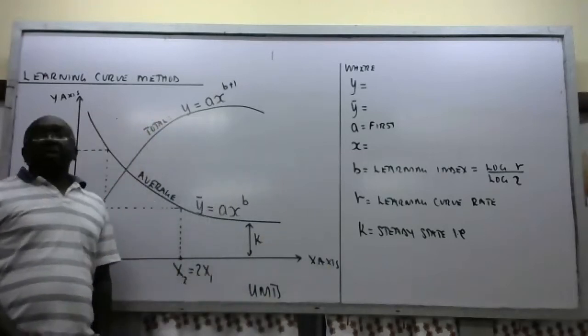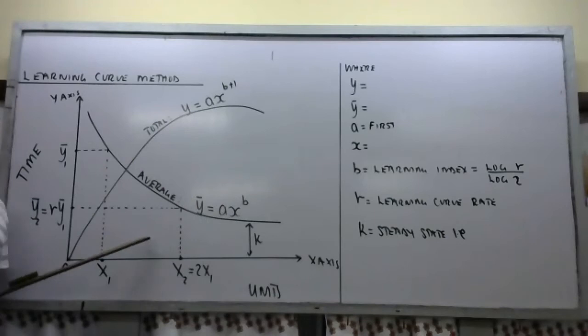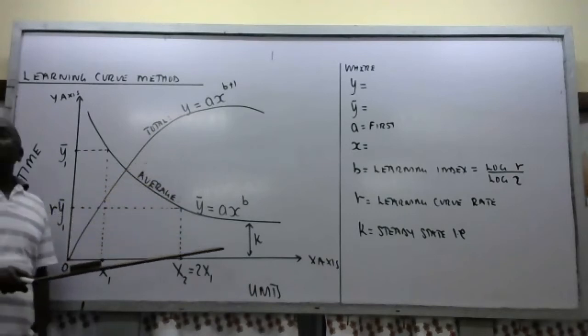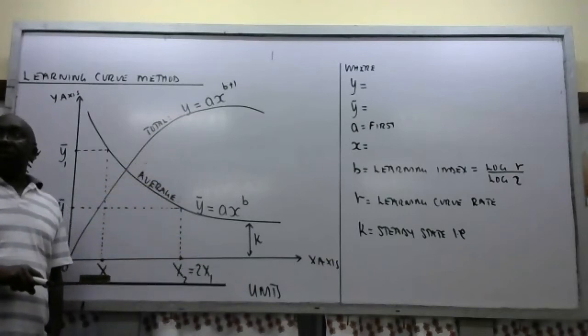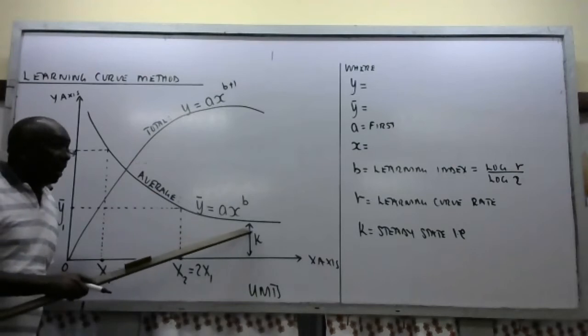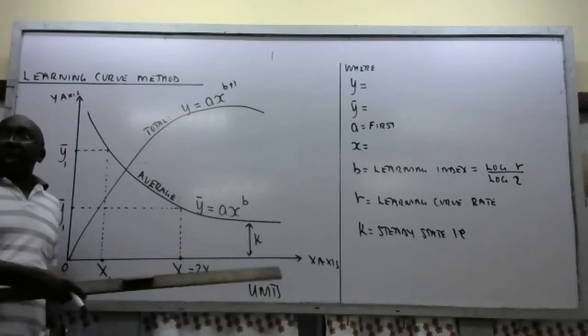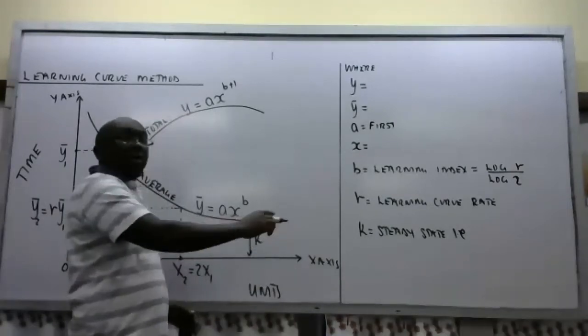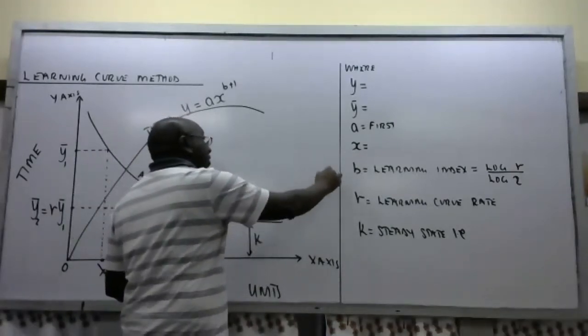Now, if you look at what we are saying here, with the average, as you do more units, the time taken gradually declines. Obviously, the total goes up, but at a decreasing rate. But it cannot go all the way to zero. So it will come to a point where it will stabilize. And actually, in practice, once it gets here, if you continue doing more and more, you start to increase.